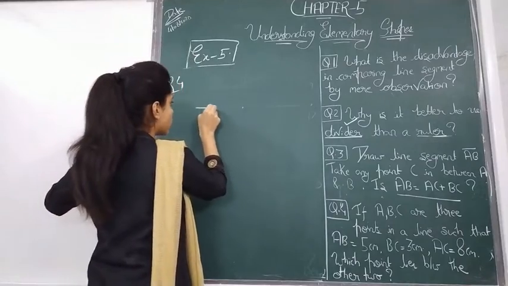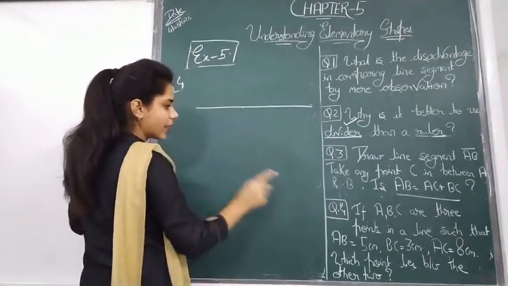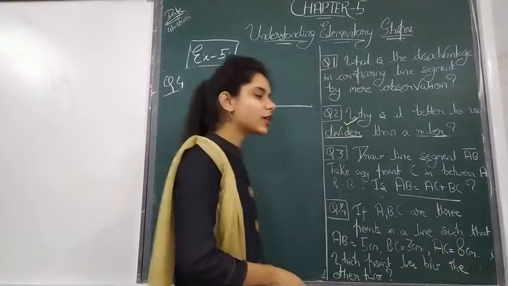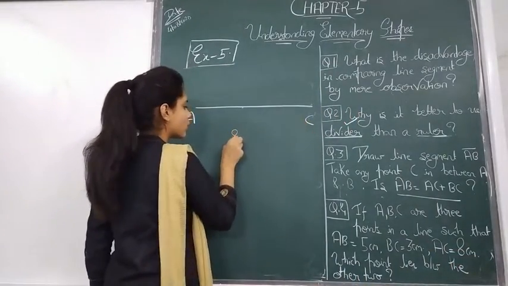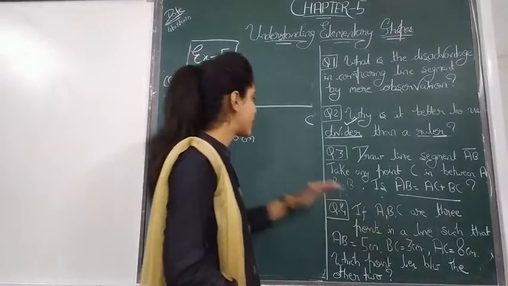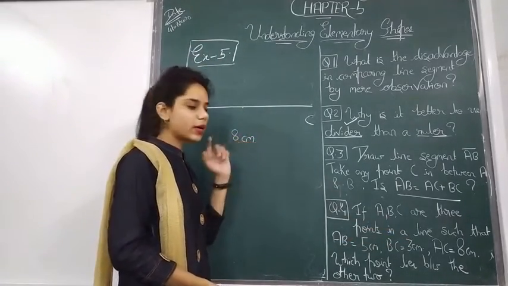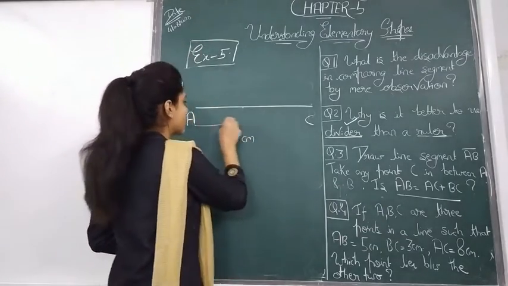AC equals 8 centimeter, this is the big line. So we will draw this AC. Suppose it is 8 centimeter, and it is given 8 centimeter. So I draw this line. You use the ruler to draw this. So AC is of length 8 centimeter.